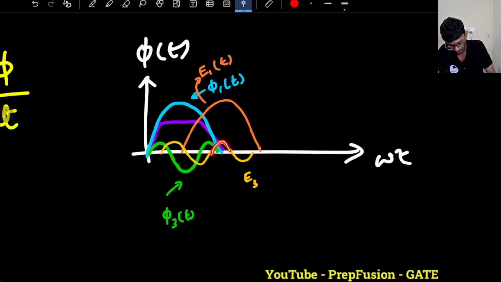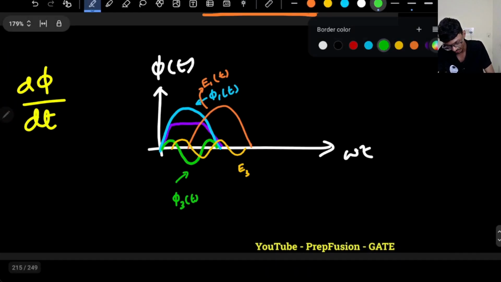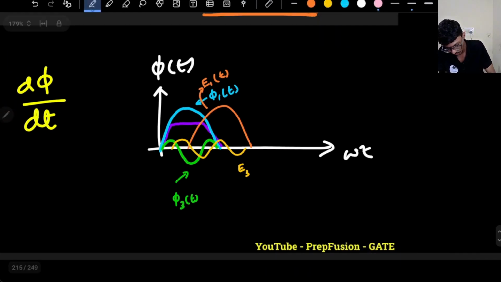Overall, the induced EMF starts from 0, and whenever the third harmonic is positive, it becomes positive and peaky in nature. This is the resultant induced EMF.